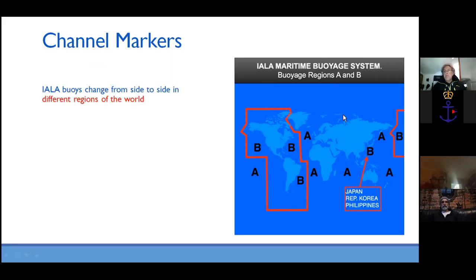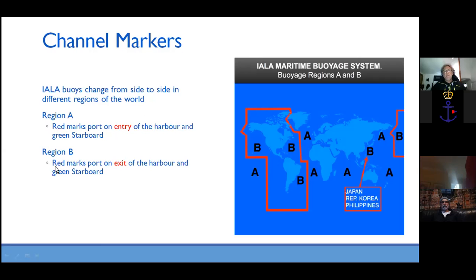They're IALA B. They're the reverse. So in region A, you put your red can, your red port on your port side. So you put red to enter a harbor. In B, it's the reverse. You exit a harbor red on red.